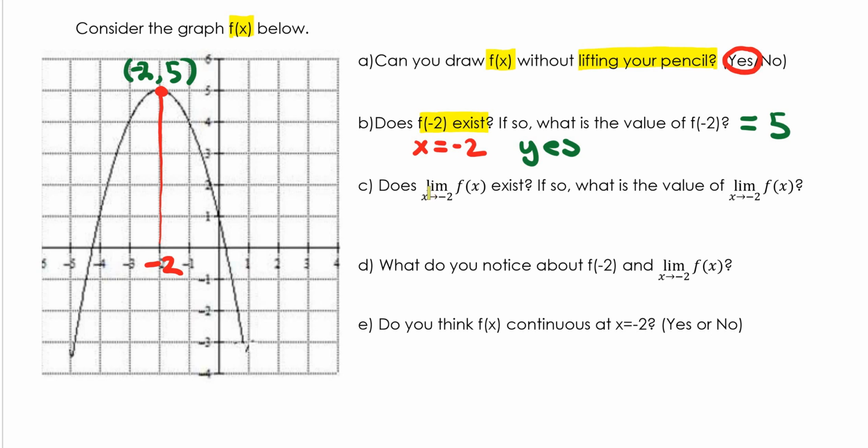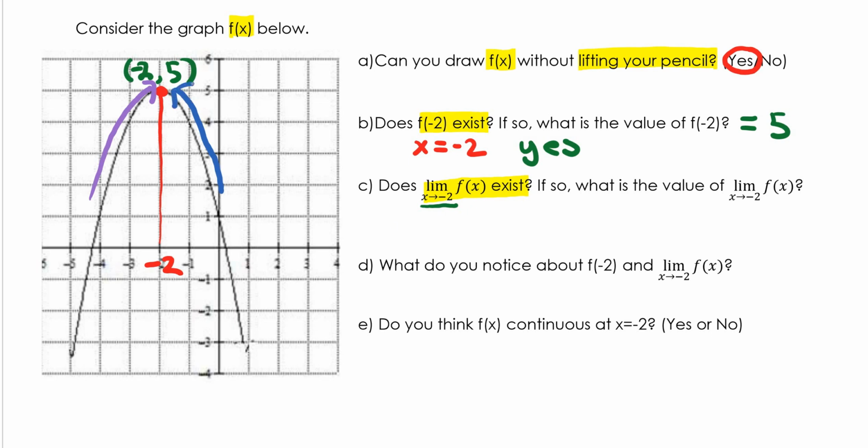Okay, another question I have is, does the limit exist as I approach -2? Since this is the overall limit, the very first question is, does the left-hand limit exist? And the answer is yes, because on the left-hand side, highlighted in purple, we reach a height of 5 when I approach -2. And if I approach -2 from the right-hand side, I reach a height of 5.